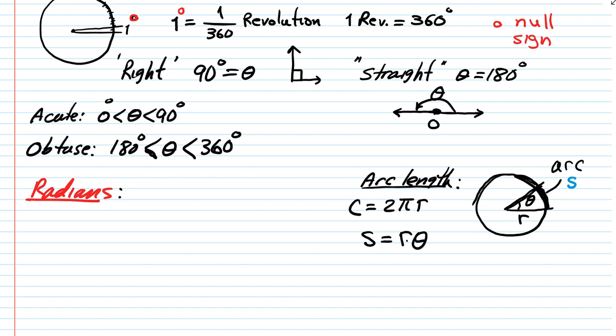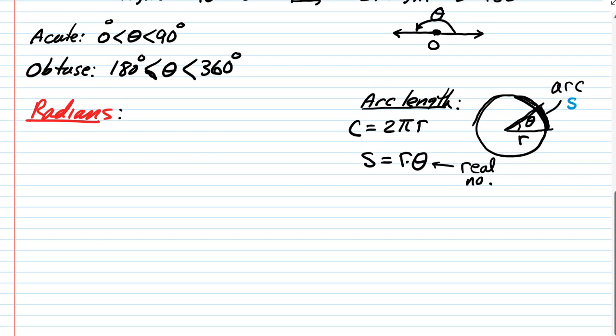Because the length is a real number, theta here must be a real number, so that you multiply by a real number, the radius, and you get a real number, a tangible value for the arc length.